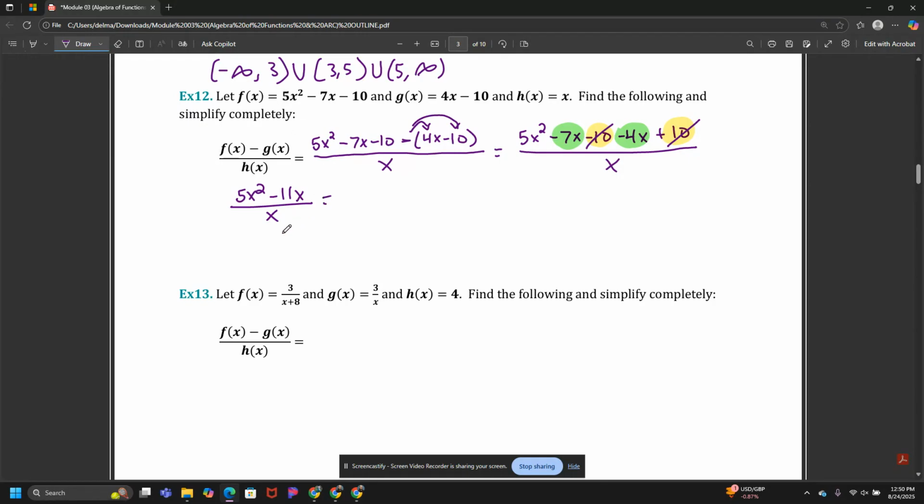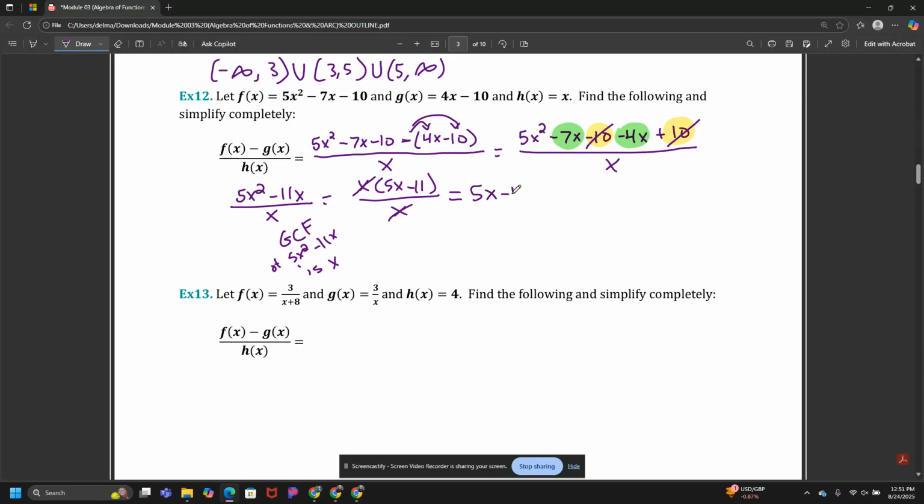What's my GCF? My GCF of 5x squared minus 11x is x. So let's take out x. Well then, x divided by x is just 1.